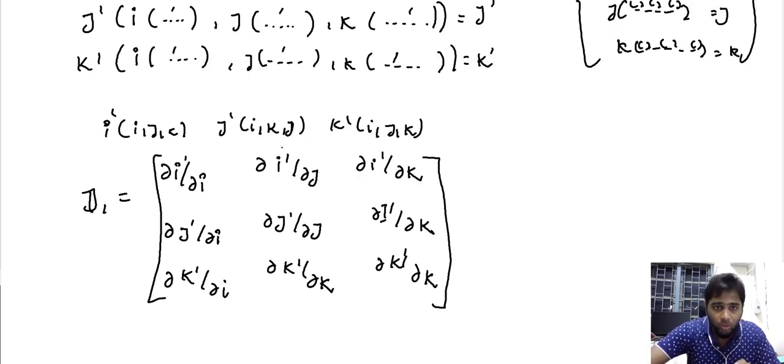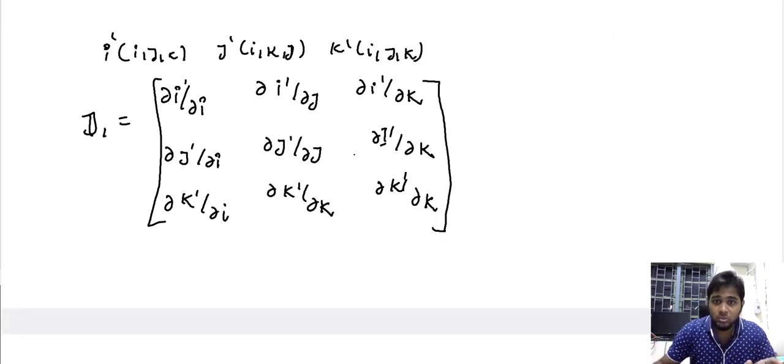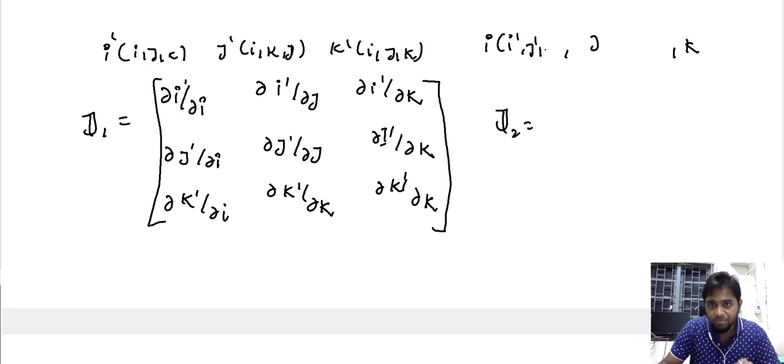Now the other Jacobian, J2, will involve the coordinates I, j and k, which are expressed in terms of I prime, j prime and k prime. So these coordinates I, j and k are expressed as functions of the prime coordinates.